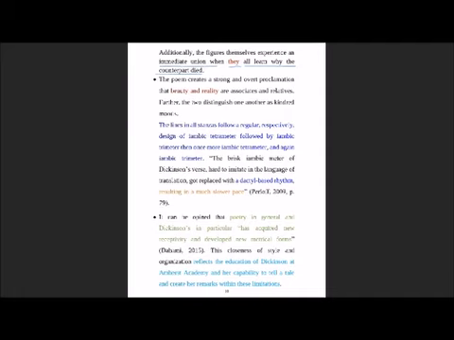The poem creates a strong and overt proclamation that beauty and reality are associates and relatives. Further, the two recognize one another as kindred minds. Correlation, intercorrelation. There is what we call interaction between them.